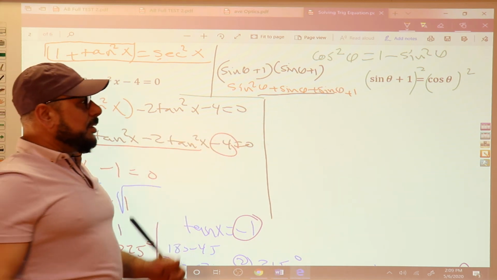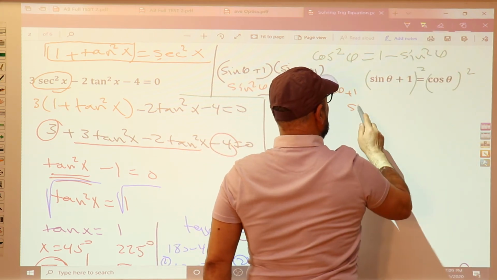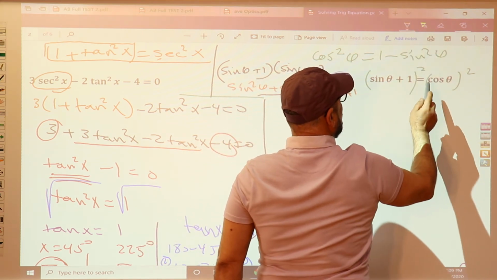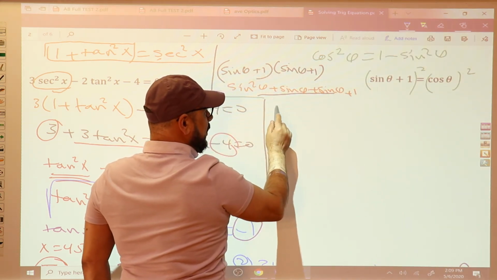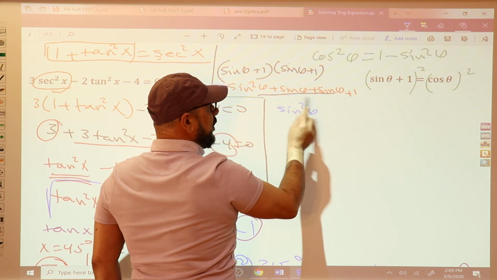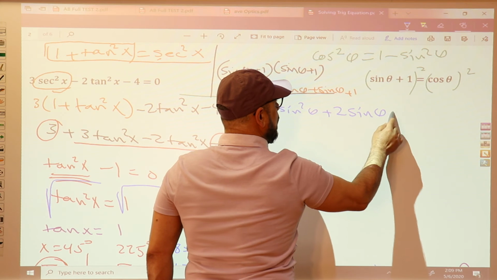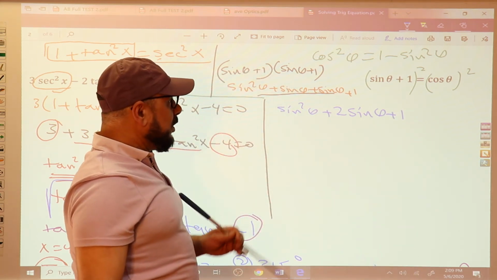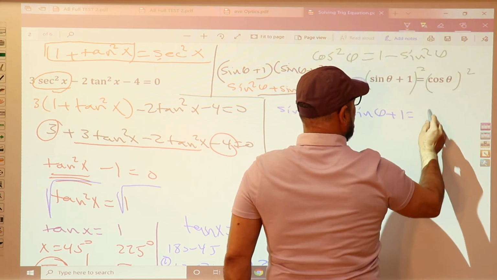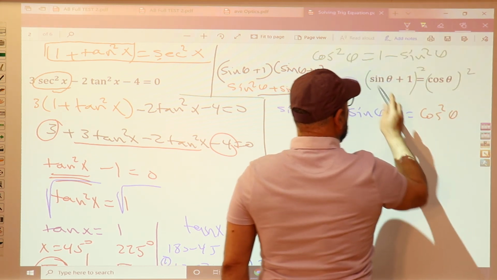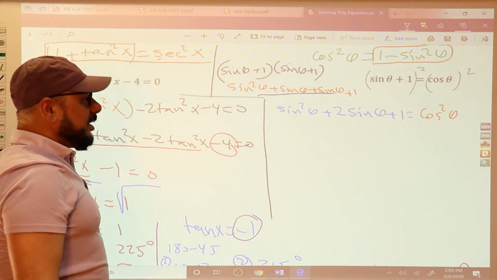Then this side becomes sine square theta plus 2 sine theta plus 1, right, guys? This equals cosine square theta. But I said cosine square theta equals what? 1 minus sine square theta.